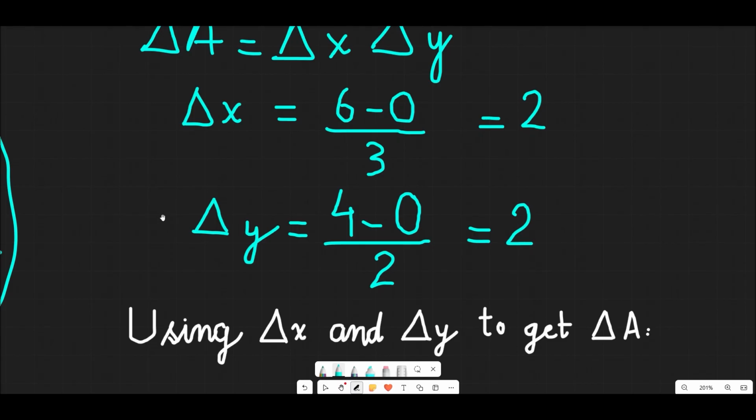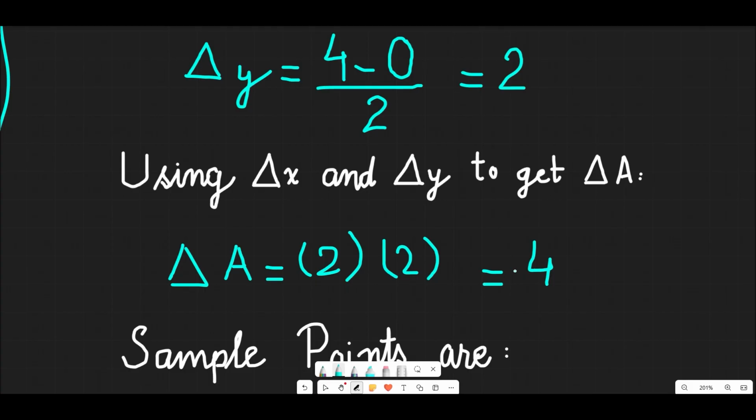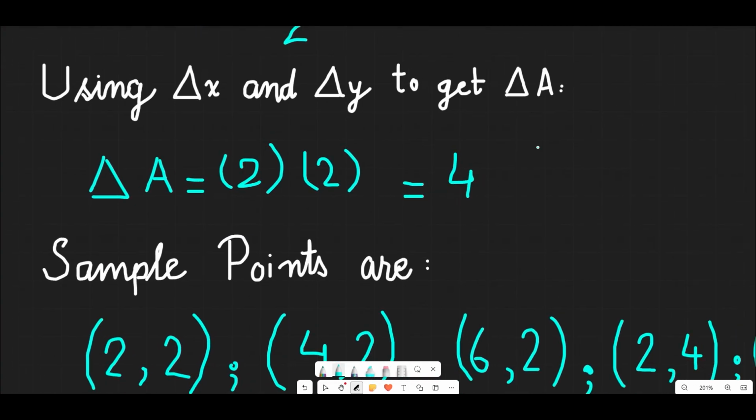Similarly, delta y is equal to 4 minus 0, where 4 is the upper limit and 0 is the lower limit, divided by 2, and it gives us a delta y of 2. Both delta x and delta y are 2, and now we will use them to get our delta A, which is the first thing required to find the Riemann sums. So our delta A is equal to 4.